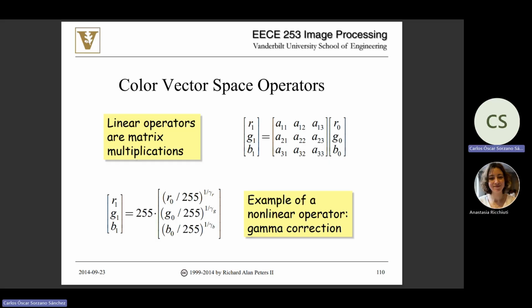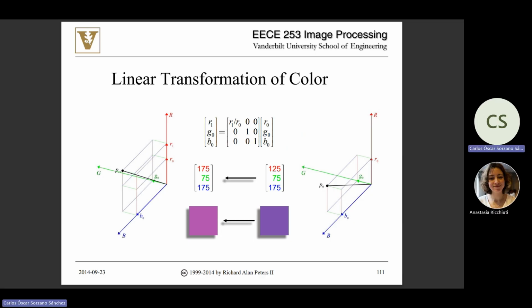Very good. So then, for instance, we apply this transformation. This transformation is just scaling only the red color, the red channel. You see the green and blue stay the same. If we multiply this by this vector, the green and blue stay the same.